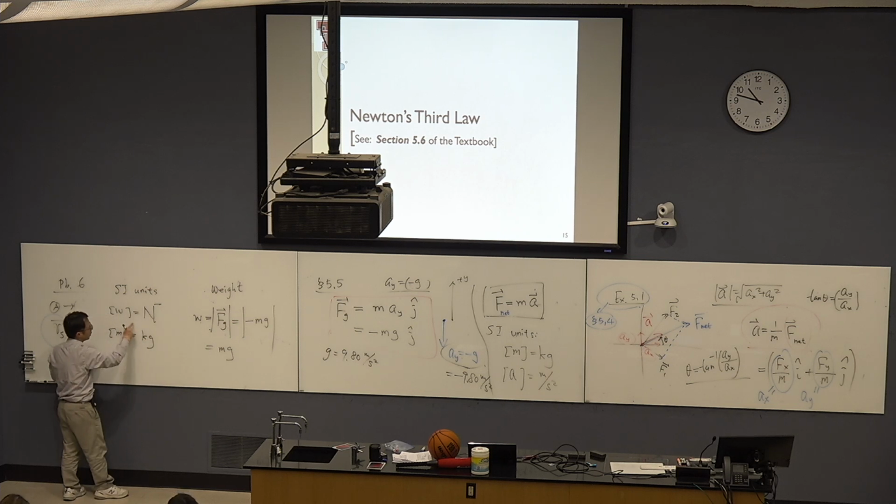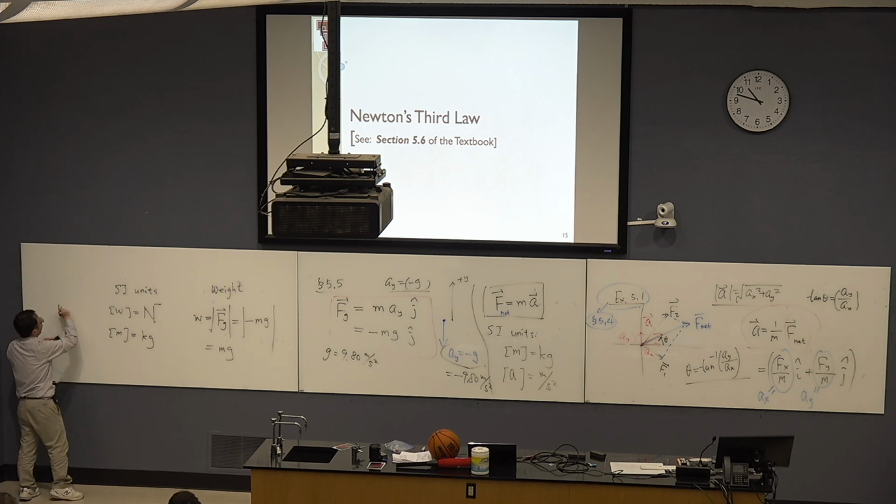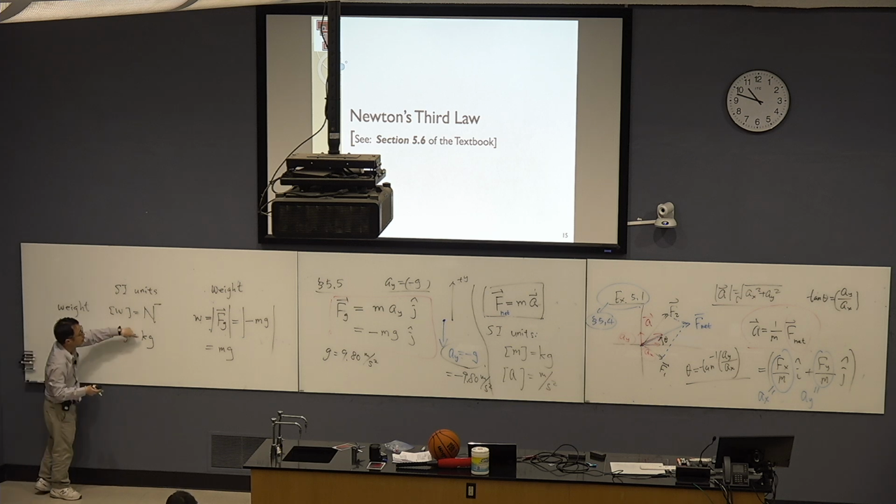So that's the basic difference between weight and mass. Although in daily life experience, sometimes we use those two terms interchangeably, but in physics, we need to be careful. Weight is a force, okay? It's a magnitude of a force, but mass is different from weight. Their SI units are different.